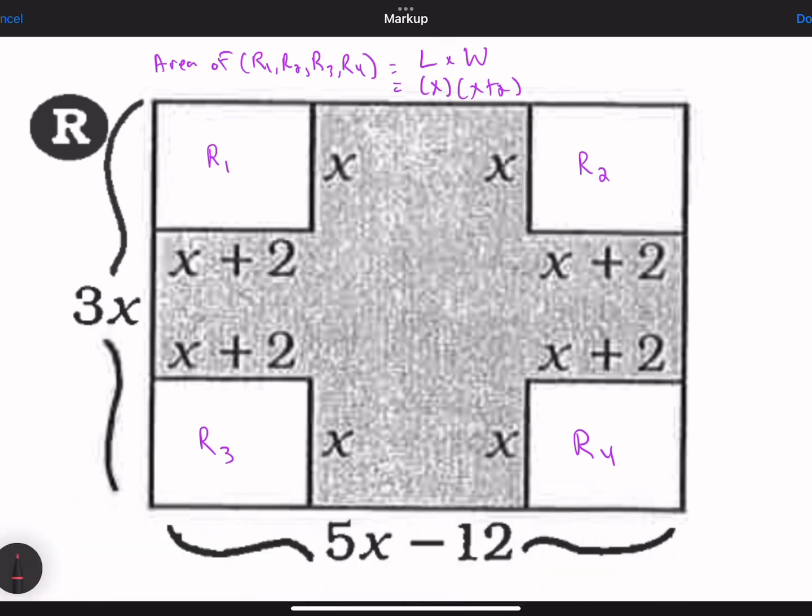And when we do that, it goes like this. So the x times x, and then x times positive 2. That'll give us x squared plus 2x. And this is going to be for each rectangle. And that's from R1 to 4.